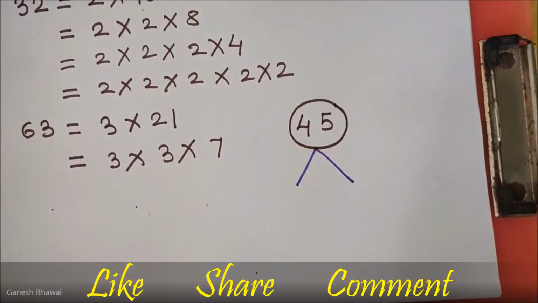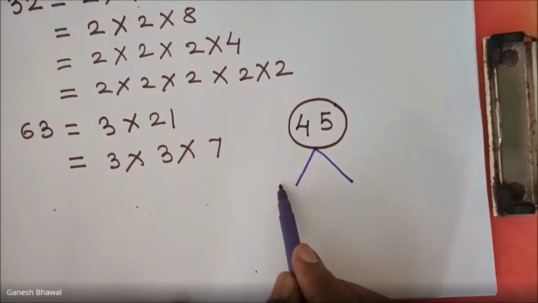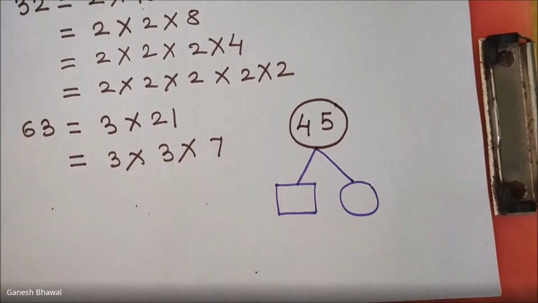Draw lines down like this. Now what you have to write in the box and what you have to write in the circle. In the box, a prime number should come, and in the circle, composite numbers should come.